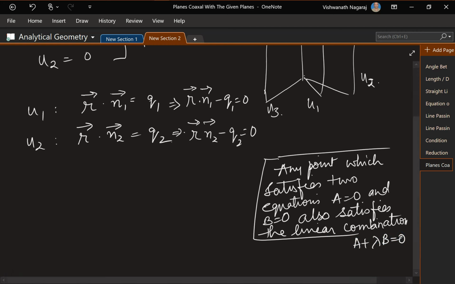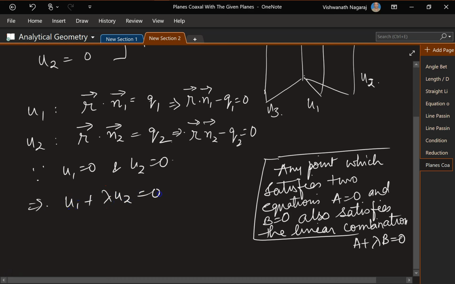If you want to know more about this, you will have to look it up under linear combination. So since u1 equal to 0 and u2 equal to 0, this implies that u1 plus lambda u2 equal to 0.